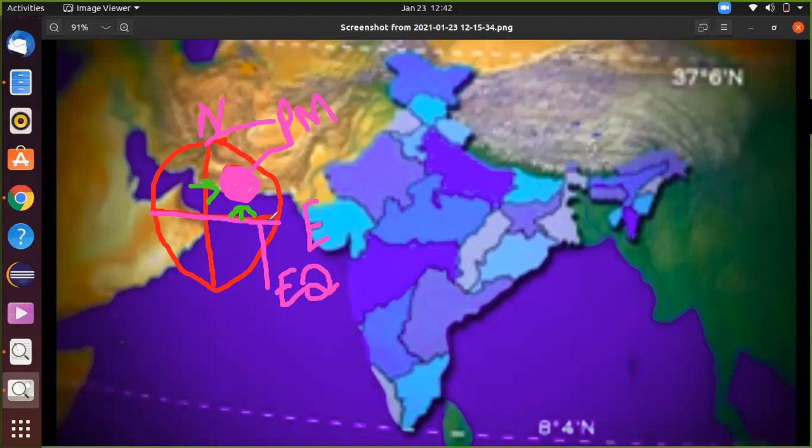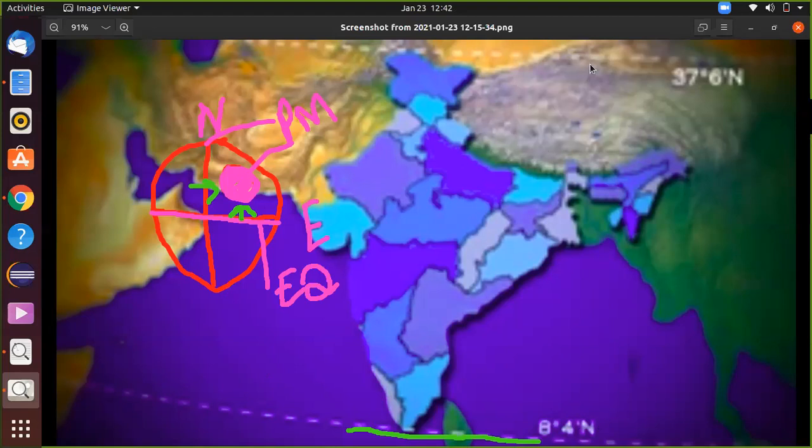Now, from the equator, India lies between 8 degrees 4 minutes north latitude, from here onwards, this line. Why is it north? Because I told you, India lies towards the north of the equator.